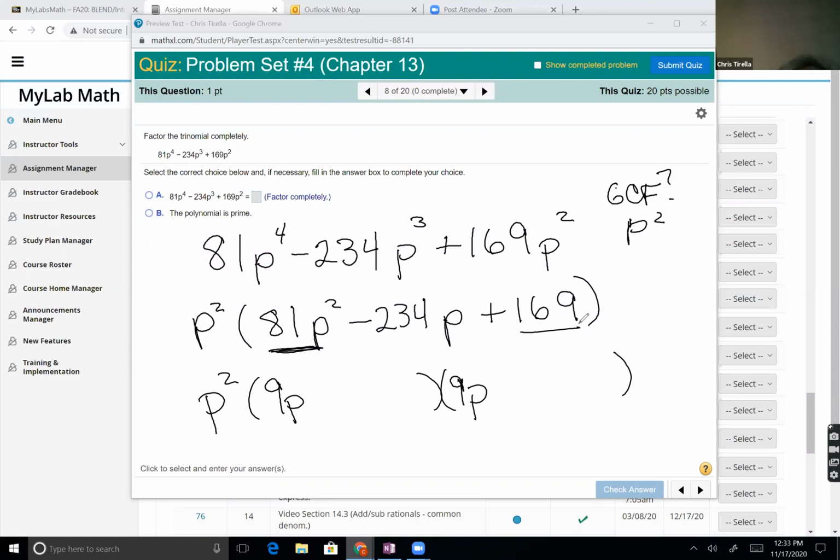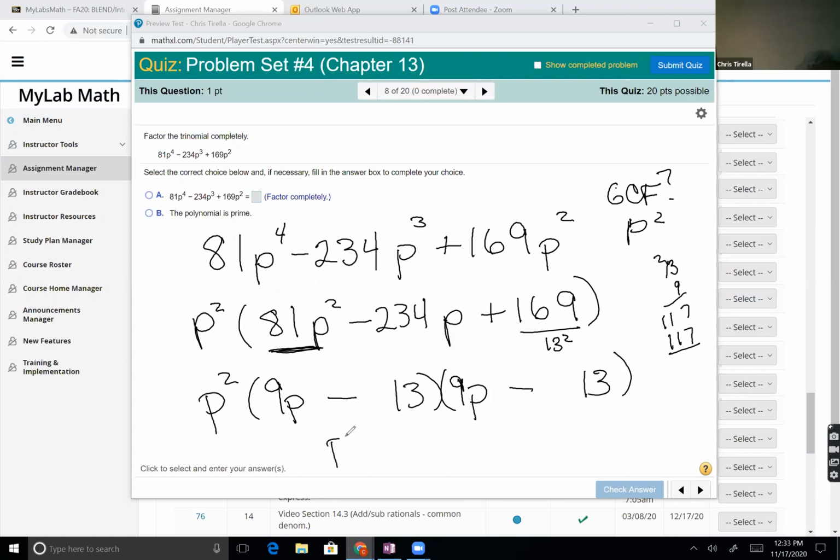You guys didn't have to memorize your squares as a little kid. 13. Yeah, that's 13 squared. What's 13 times 9? 117. And if I take 117 twice, I get 234.